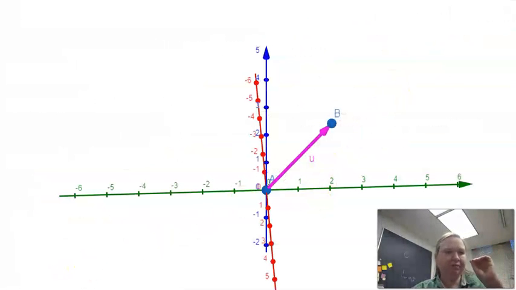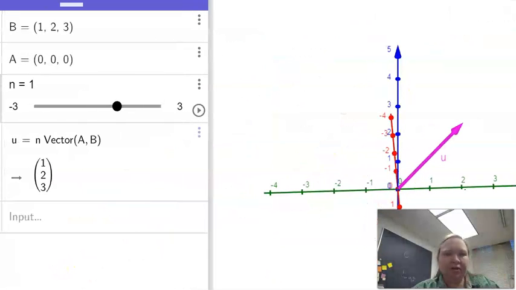So picture first here. I've put in a slider again, and I've changed this vector here from being the one we started off with, the one that just goes out to 1, 2, 3, and I've said, all right, I'm going to multiply that by n. So this vector here, this is really n times u.